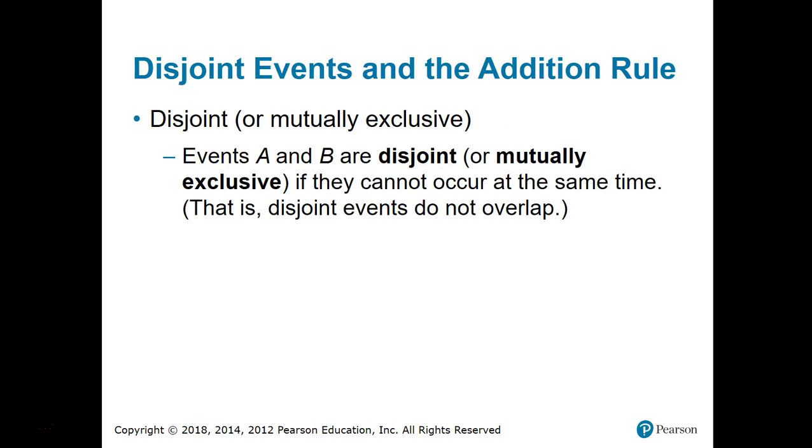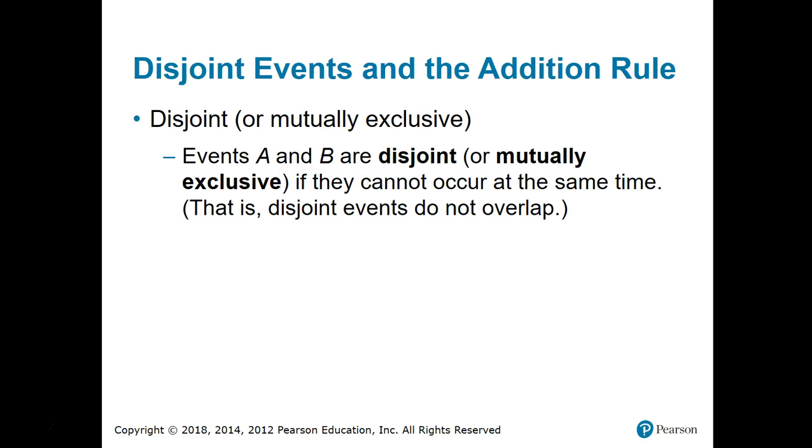Now, there are also some events that are called disjoint events or mutually exclusive events. In other words, they cannot occur at the same time. They do not overlap. So, what are examples of mutually exclusive events? Well, when we're talking about boy or girl and we're looking at just that as a dichotomy, you can't be both boy and girl.